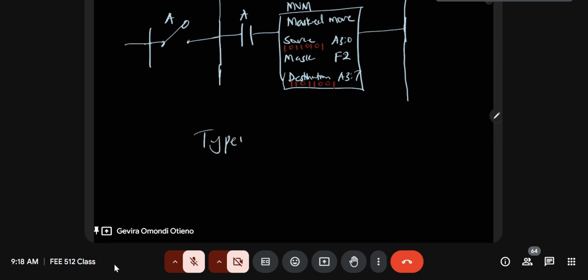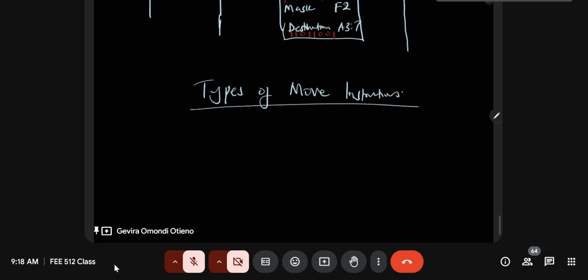So types of move instructions. Remember, ladies and gentlemen, this is what I'm trying to say.